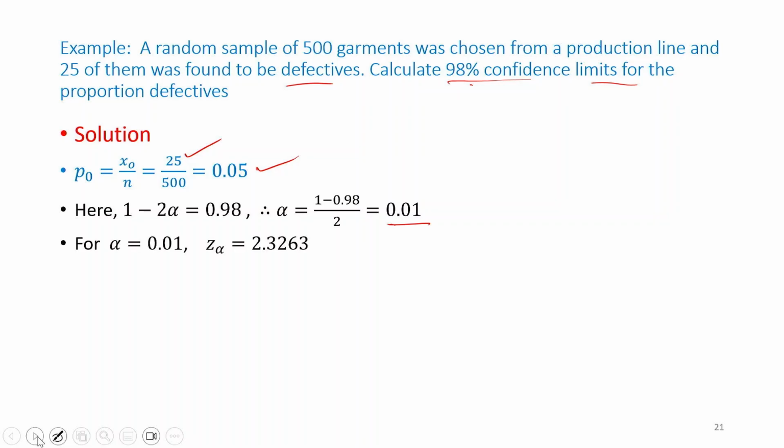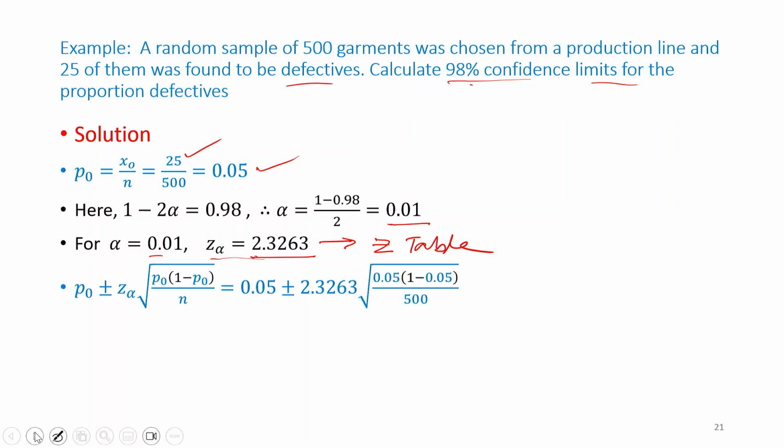What is the corresponding value of Z? For alpha 0.01, the Z value will be 2.3263. This is also from the Z table. We know the limits, which were shown in the previous slide.